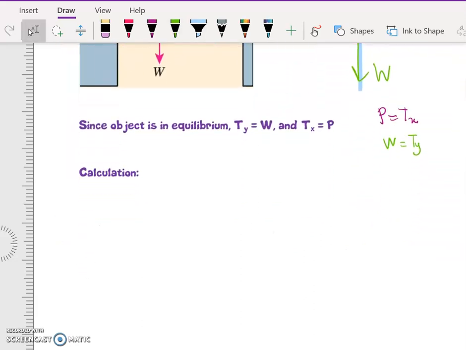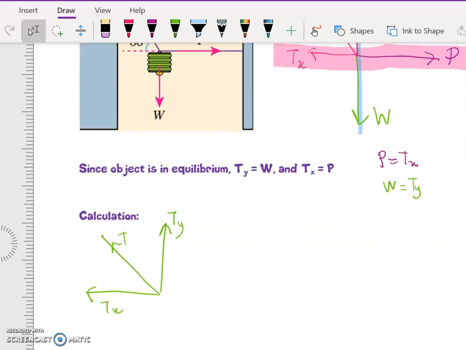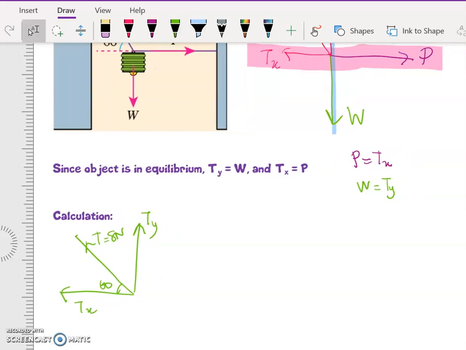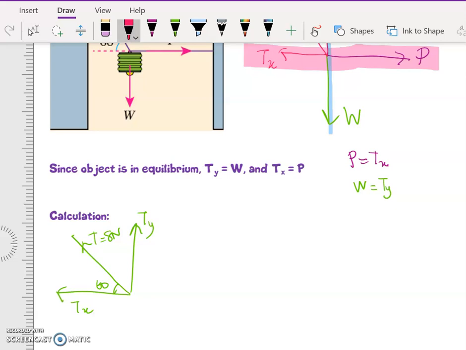Okay, so let's resolve T into its respective Ty and Tx. Angle is 60 and T is 8 Newton. So you can form a triangle if you want. By now, I think you already know, to find Ty, you can use sin. Ty is 8 sin 60.